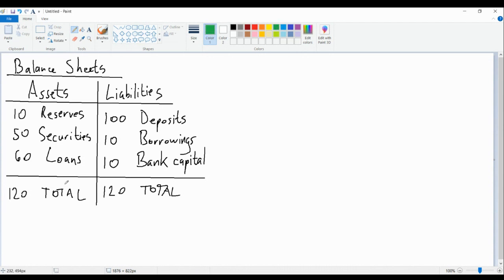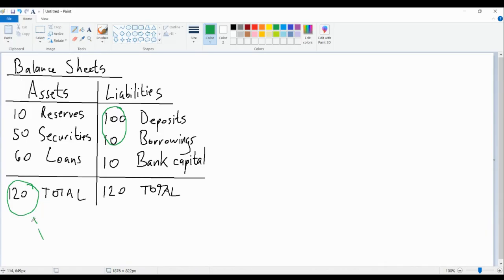The total value of the funds at this bank is 120. Right? That, of course, equals the total value of all these assets over here. On the other hand, the bank owes this much, 110, to various other people. Right?